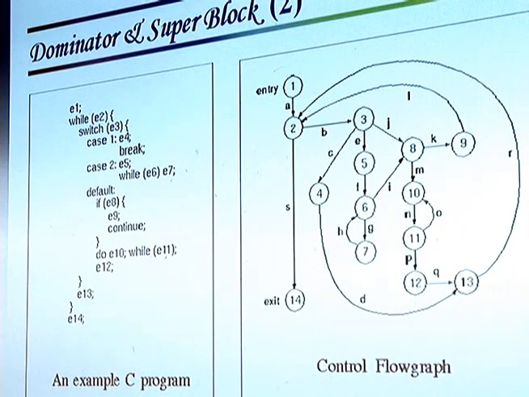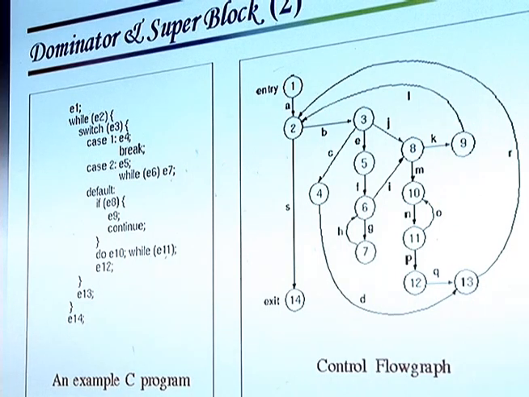If I cover 6, 5 will be covered. Okay, let's check. So let's check 5. If I cover 5, I have no choice. I have to go through 6, right? So cover 5, I have to cover 6. Agree?